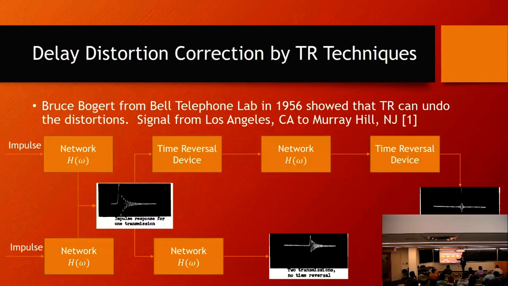So what he did was he sent an impulse through, and out of that network, you get some response to that pulse. And then in the normal way, he would take the same pulse and resend this signal back through that network, and then you get this result at the end. Okay, but what happens if I take the response of that, time reverse it, and then send it back to the network?